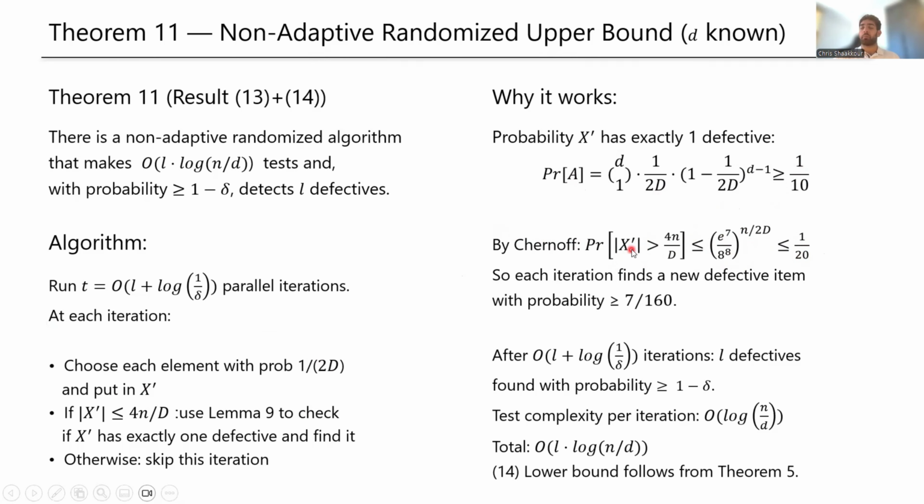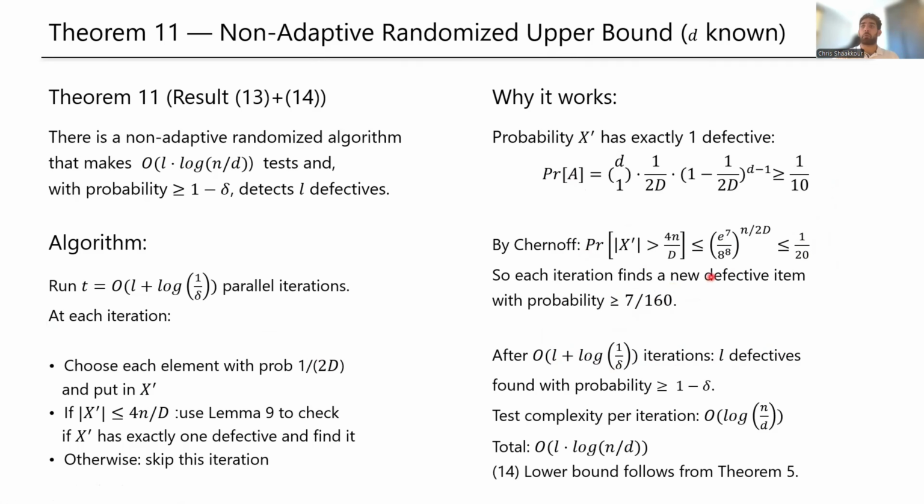So by Chernoff, the probability of the size of X prime being greater than 4n divided by D is smaller than 1 divided by 20. So now we can see that at each iteration, we find a new defective item with probability greater than 7 divided by 160. And after O of L plus L log 1 divided by delta iterations, L defective items are found with probability greater than 1 minus delta.